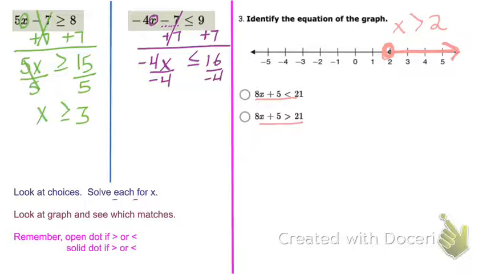If you have to divide by a negative number to solve it, then this symbol, which was less than, is now going to be greater than or equal to. I flip the sign, and the answer would be x is greater than or equal to negative 4. So just solve each of these and see which one gives you x is greater than 2, because that's what's being graphed.